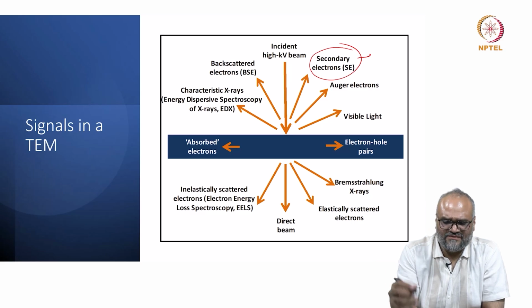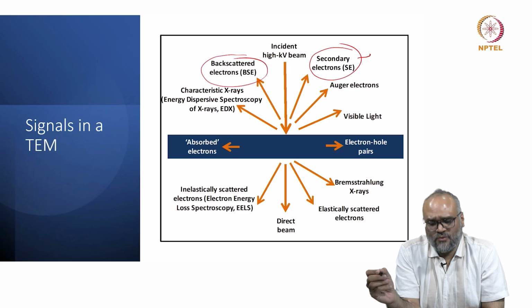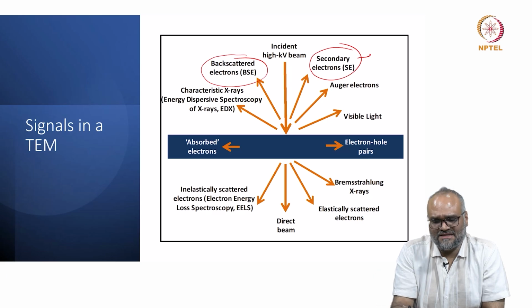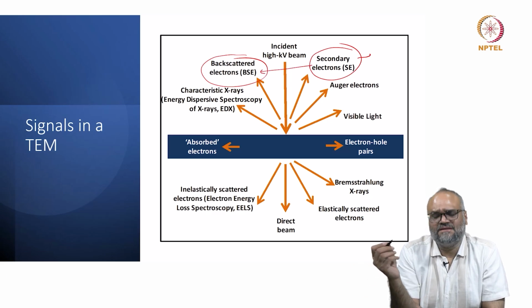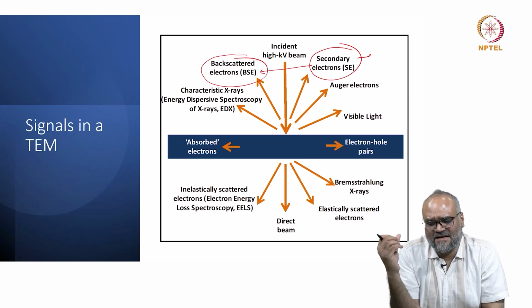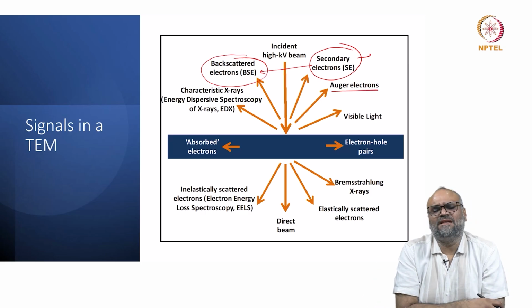Likewise, you also have the generation of backscattered electrons. When we look at the interaction of an electron beam with an isolated atom, we will try to understand what these two phenomena are. But nonetheless, when an electron collides with a specimen, you can generate secondary or backscattered electrons. There is also something called Auger electrons.